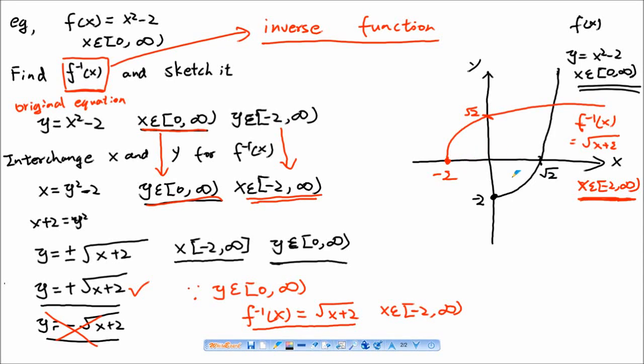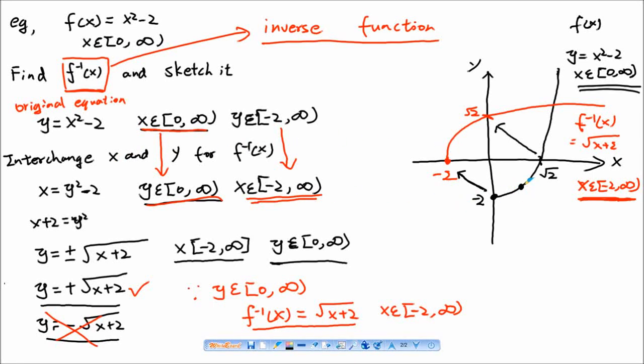So, in other words, if I have a point, they have the same values because of the interchange between x and y.